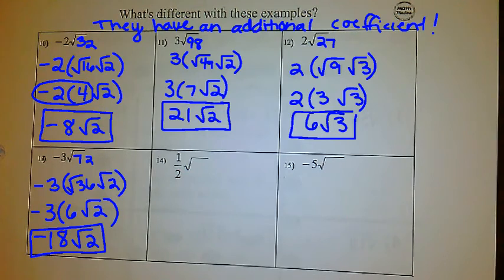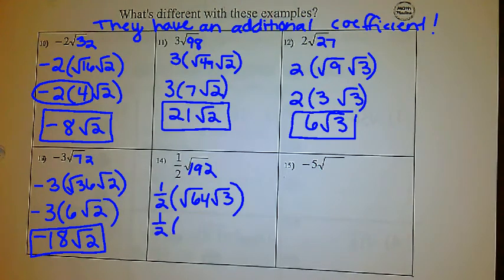Okay, again, 1/2 is no difference, just a number. Keep it out in front. 64 and 3. So 1/2 of 8. That's how you say it to yourself. Then you can say, oh, it's 4, of course.